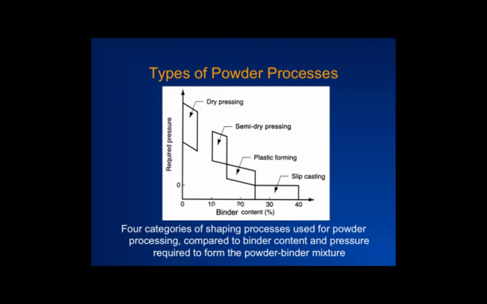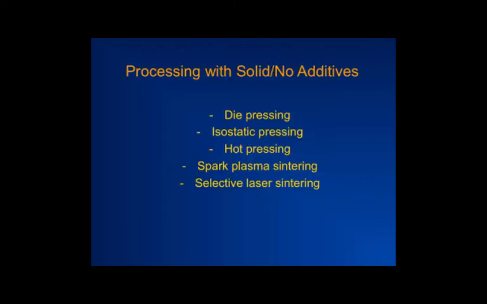Of course, in addition to that is what physical state that binder is, right? Let us start looking at some processes where you have solid additives or lubricants, or in some cases you might have no additive at all, right? And so these are some kinds of processes that are available.